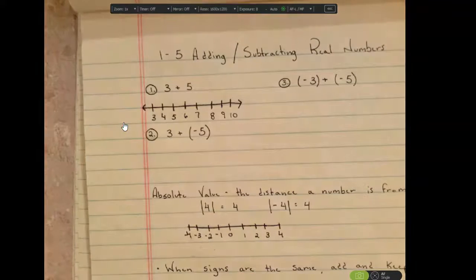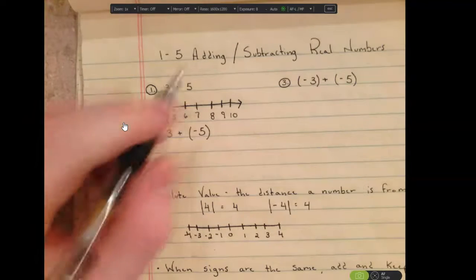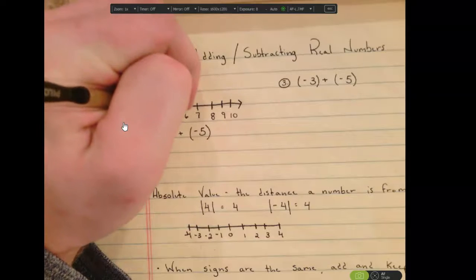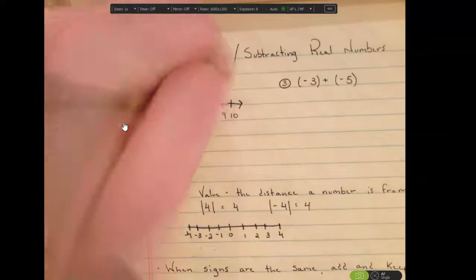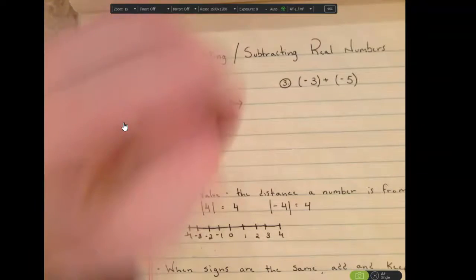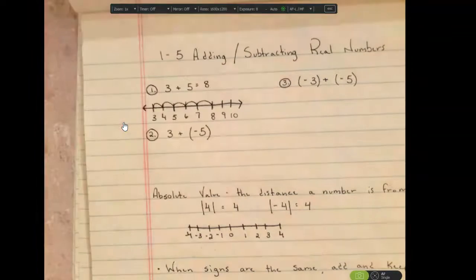And then whenever I'm adding 5, that means I'm moving to the right 5. I know a lot of this should be redundant because it's something we already know how to do, but that's how the process works. I'm moving 5 spaces to the right, so 3 plus 5 is equal to 8.